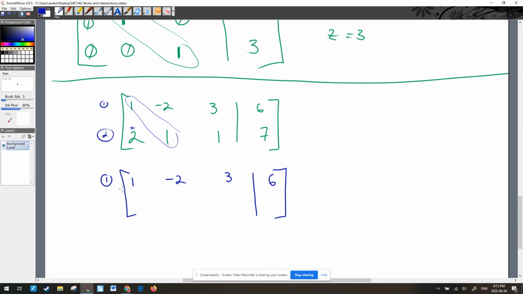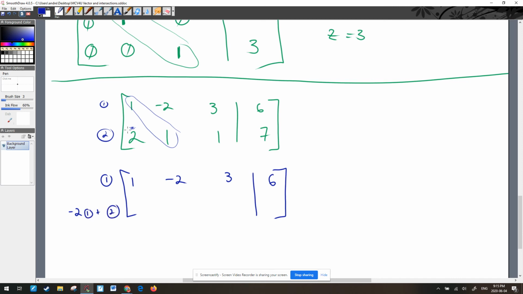Now, I don't want to just rewrite row 2 because it's got this here and I need a 0 there. So what I'm going to do is take, and I like addition much better than subtraction, -2 times row 1 and add that to row 2.